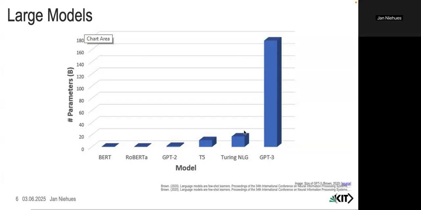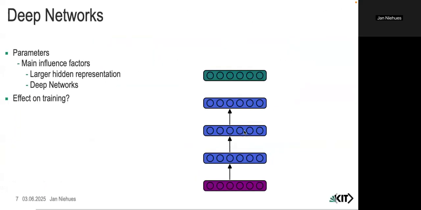The first question is, what influence does it have on the architecture? So typically, the number of parameters is influenced by two things. The one thing is you can increase your parameters by making your hidden representations bigger. So if you're going from 100 to 1000 hidden dimension, this will of course also increase your number of parameters.